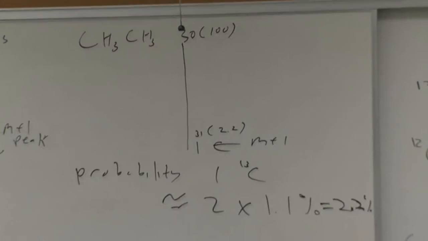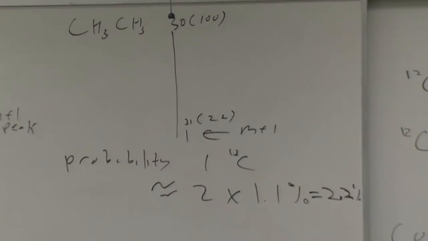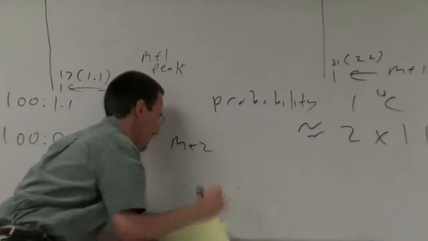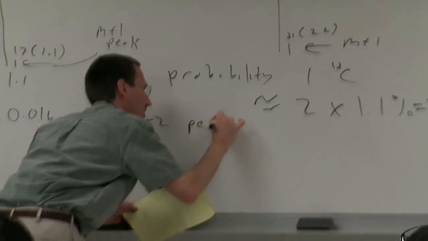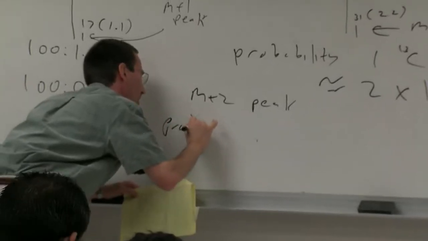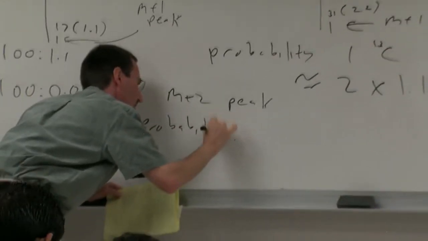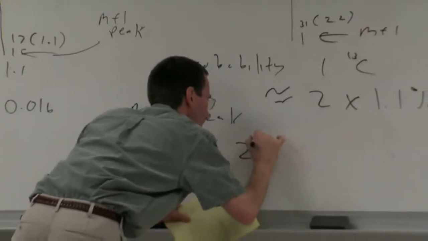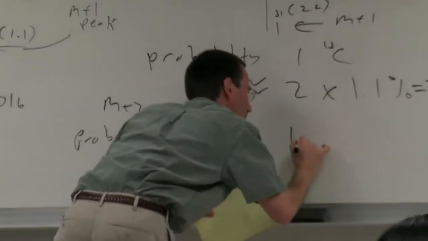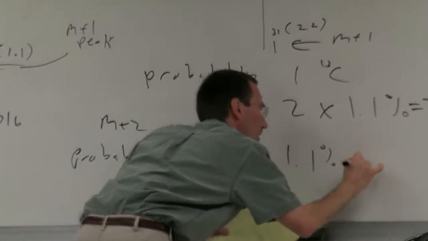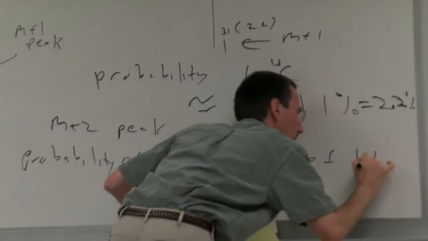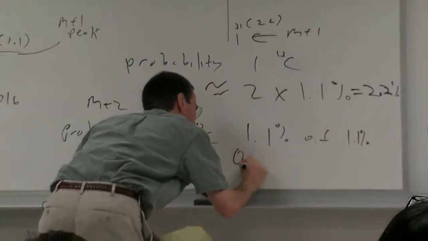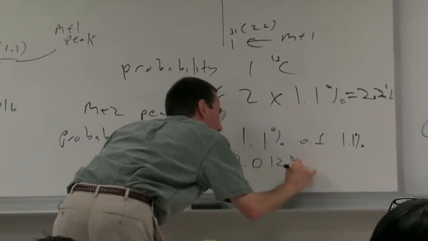Now, a minuscule number of your molecules have 2 C13s in them. So your M plus 2 peak, you would expect to come from the probability of 2 C13s, which is going to be 1.1% of 1.1%, which is 0.012%.